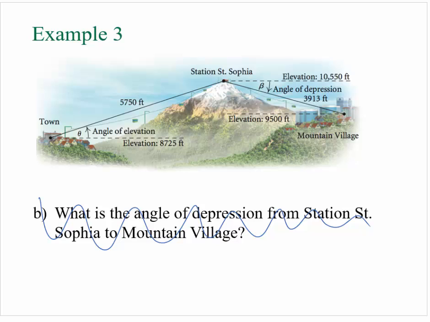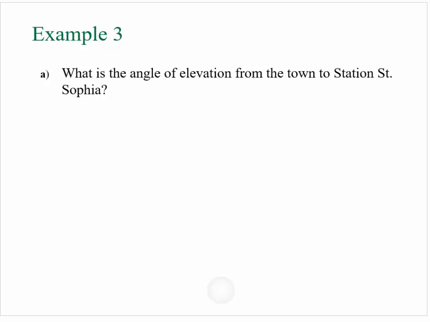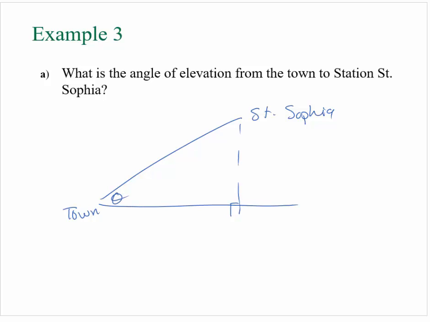So if I just take this piece of information and put it into a separate triangle. So here's my town. Here's St. Sophia. And I'm trying to find this angle of elevation. And I'm told that this is 5,750 feet.